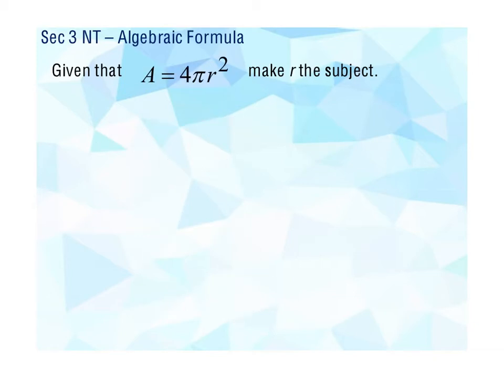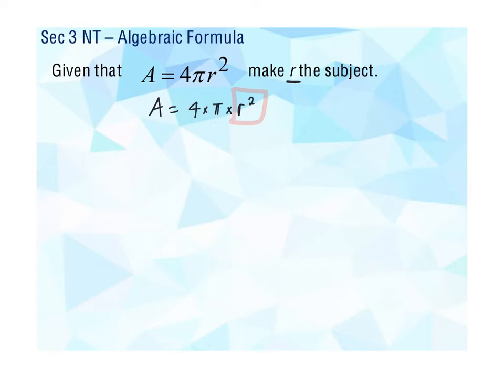Now, given that A equals 4 pi r squared, what is the relationship of all these terms? This is actually A equals 4 times pi times r squared. I want to make r the subject, but before that, r is now with r squared, so I cannot get rid of the square first.